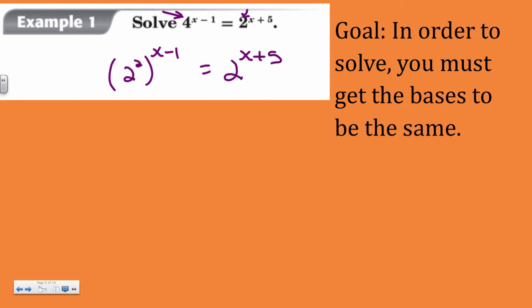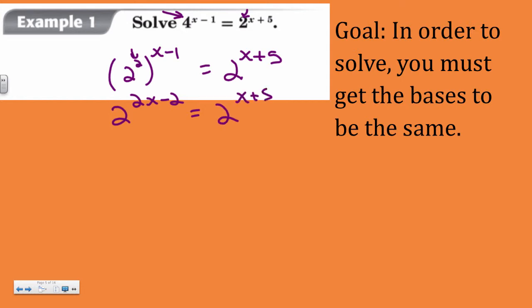Now using the properties of exponents, I know that if I'm raising a power to another power, I'm really just multiplying the exponents. So it's going to turn out to be 2 to the 2x minus 2, because I have to distribute, equals 2 to the x plus 5.